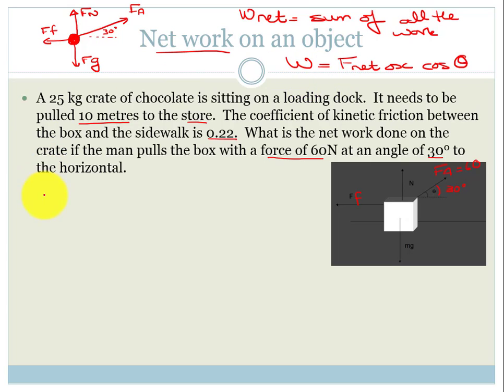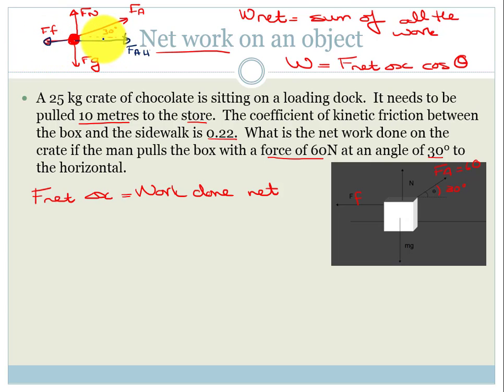I'm going to get the net force. I'm going to get F net. And then I'm going to multiply it by delta X, and I'm going to say that is the net work done. I'm going to accommodate two forces. We have this force here, which is the force applied horizontal, and we've got this force of friction.